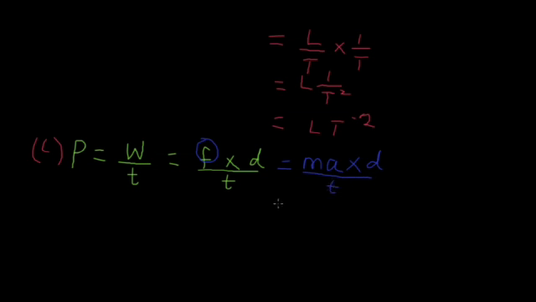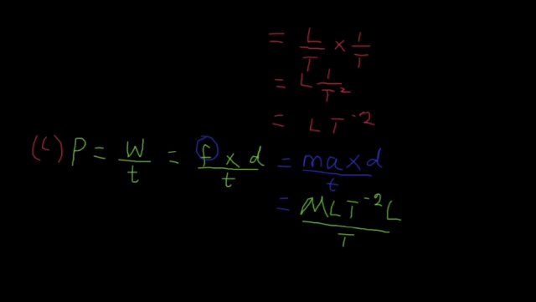Now, what is the dimension for mass? Dimension for mass is capital M. We just finished doing dimension for acceleration, and that is L T minus 2, times dimension for distance, which is L, then all over time. And that gives us what now?